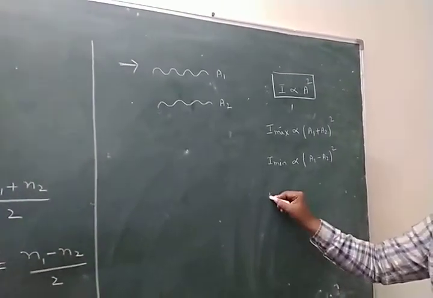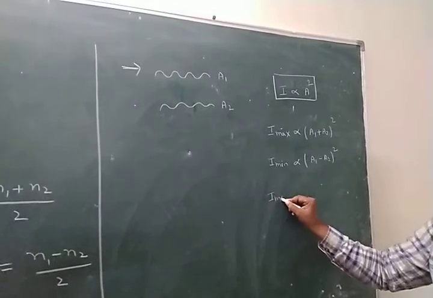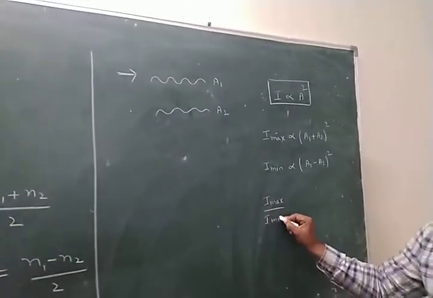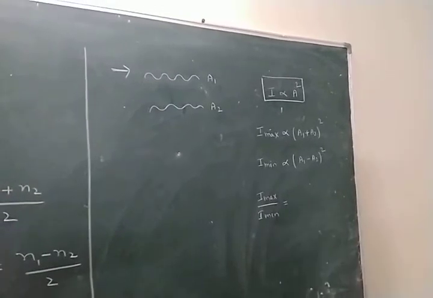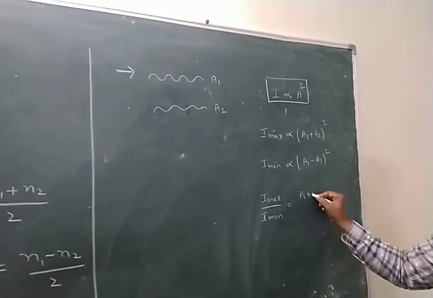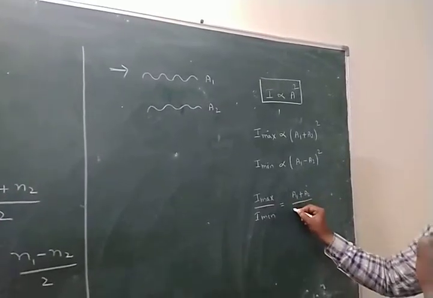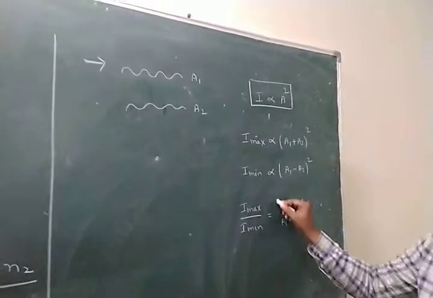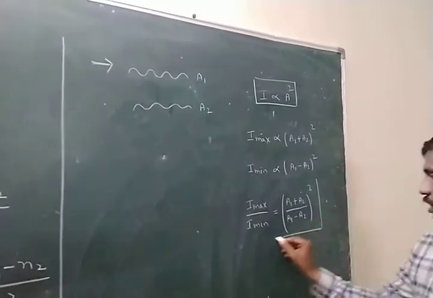Okay. Finally, we get what is I maximum by I minimum. I maximum equals A1 plus A2 whole square, I minimum equals A1 minus A2 whole square. Look here now.